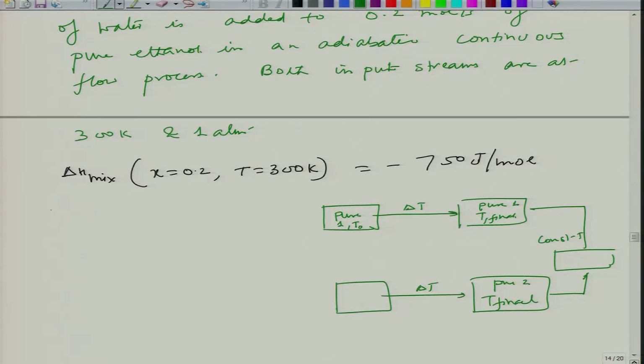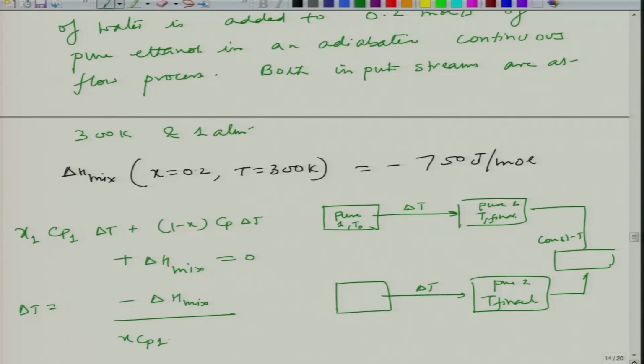Now, we have the information of mole fraction. So, this will be x Cp1 delta T plus (1 minus x) Cp2 delta T, and then this total energy plus whatever the energy related to mixing, this must be 0 because of the adiabatic conditions. So, with this you can find out delta T as nothing but minus delta H mix by x Cp1 plus (1 minus x) Cp2.